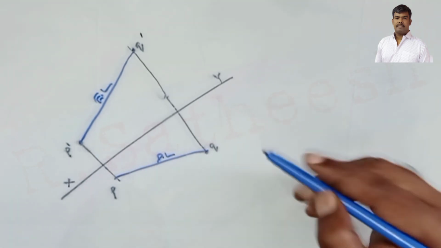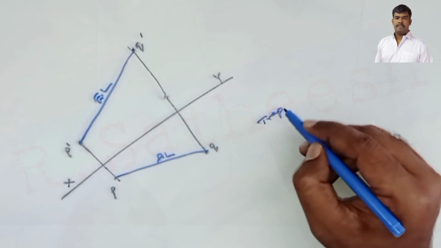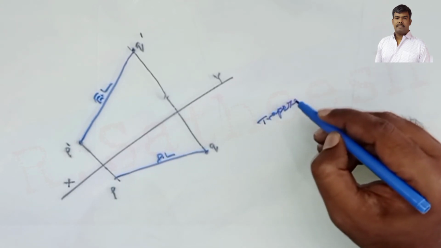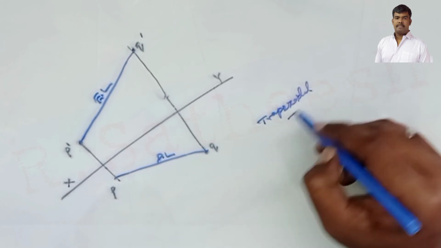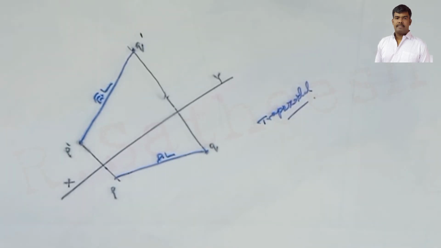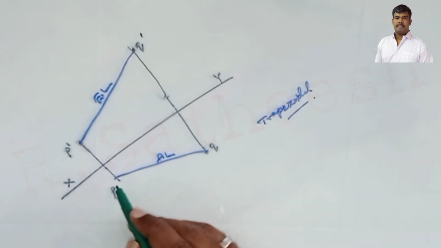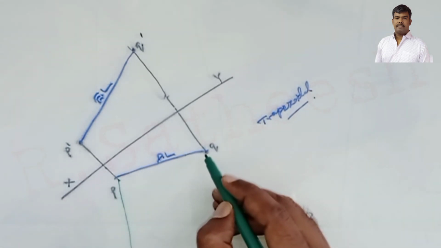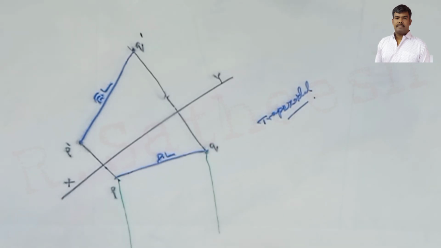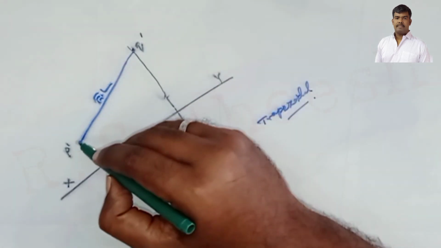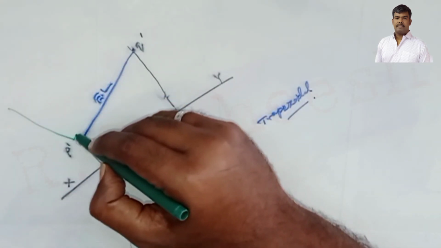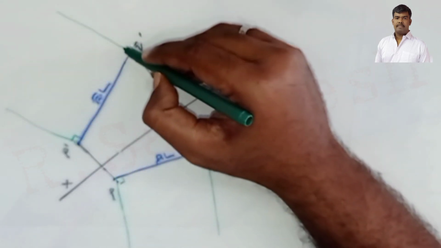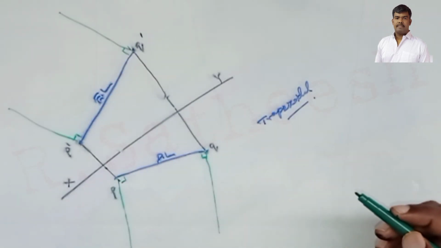Now, by using the trapezoidal method, it is very simple. You draw lines perpendicular to the plan length, perpendicular lines from P and from Q. Similarly for the elevation length P dash Q dash, you draw perpendicular lines from P dash and from Q dash, only perpendicular lines.